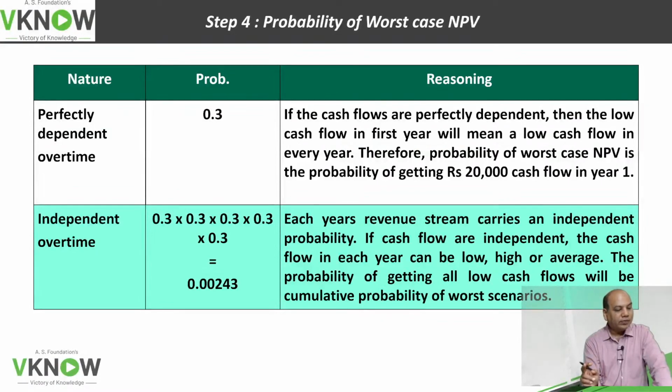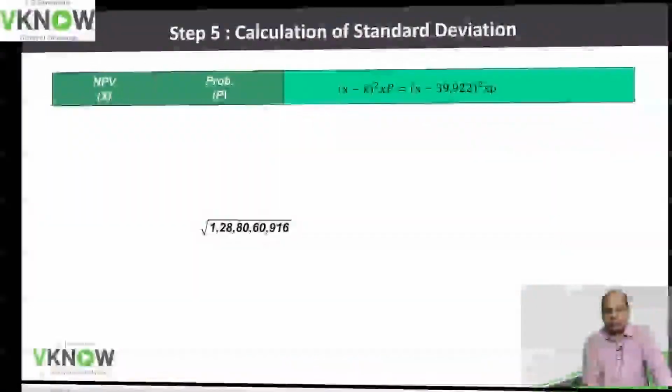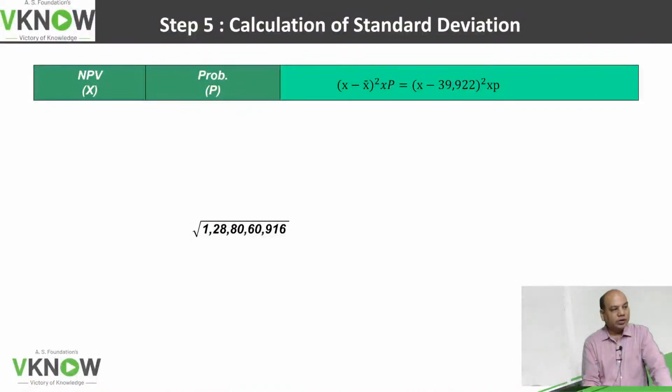Compute standard deviation and coefficient of variation, assuming that there are only three streams of cash flow which are represented by each column of the table with the given probabilities. So write down calculation of standard deviation.